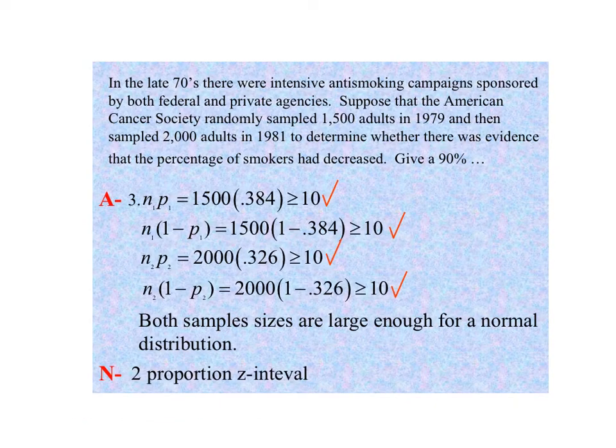And so step number 3, we're going to check to see a couple calculations now. Remember, for one sample we would do this pair of calculations, but since we have 2 samples, we have 4 calculations to do. Okay, so we're going to work with the group from 1979 and say there was 1,500 people in 1979 times P1.